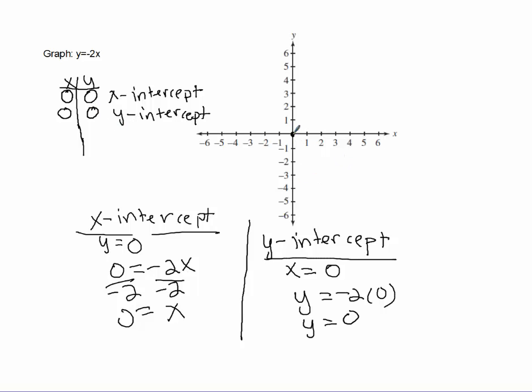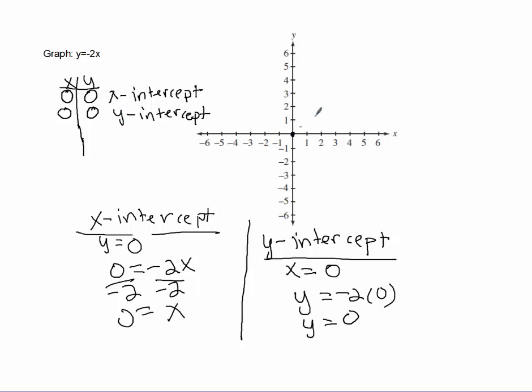When I go to graph it, notice that it's already there. It's the point that I already have. Now this will happen every time if you have the ordered pair 0, 0 on your graph. For lines, it means that both the x and the y-intercept are exactly the same, so they're the same point.